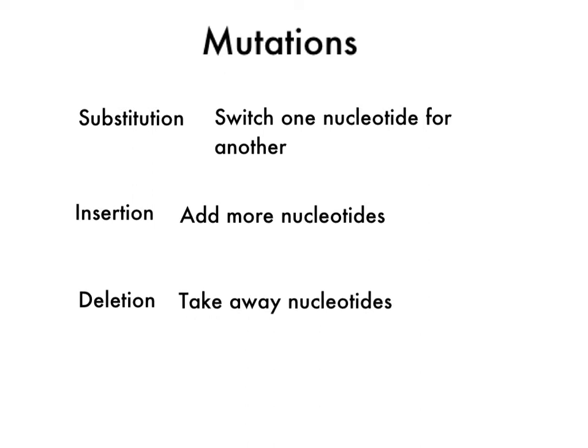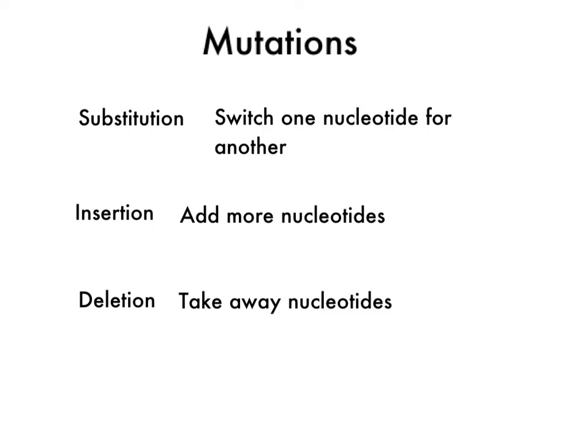And when we say nucleotides, those nucleotides can be represented by letters. So you can think about them like A's, T's, C's, and G's. Either switching one letter for another letter, adding more letters, or taking some of those letters away. So these are all the mistakes that can be made when DNA is being translated.